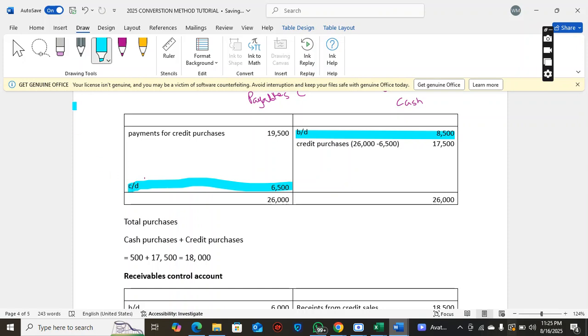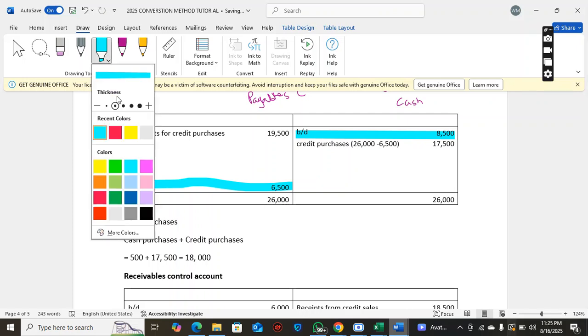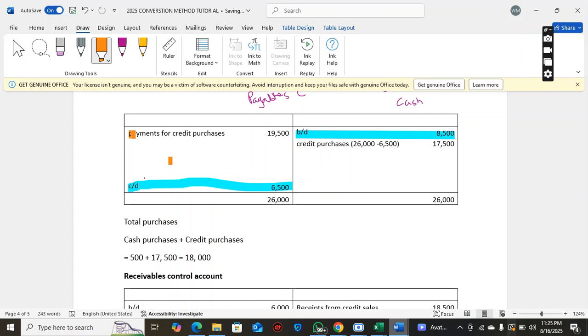From our information, the only transaction we saw which deals with credit purchases was the payments for credit purchases. So we put it on the debit side, because whenever you pay for a credit purchase, you debit the payables control account.